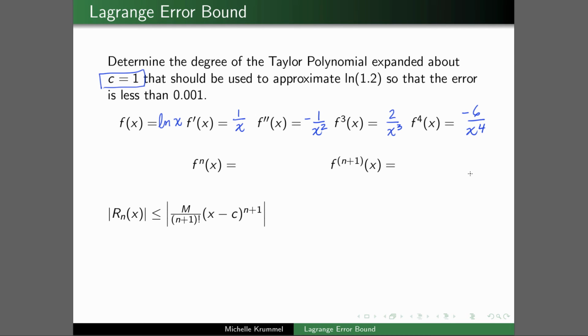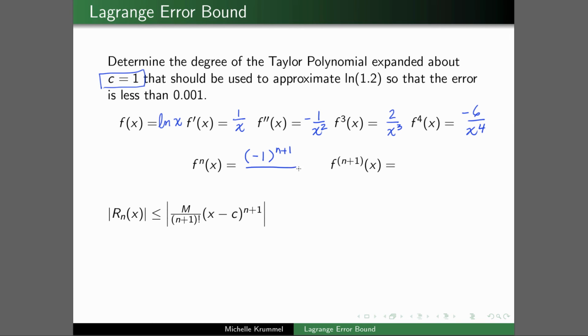Now we're trying to determine the degree of the Taylor polynomial that we need, so I don't know if going out to the fourth derivative will be enough. I'd like to find an expression for the nth derivative. So I'm looking for a pattern, starting with my first derivative. First of all, I notice that the signs are alternating, positive, negative, positive, negative. So I'm going to use -1 to the n plus 1.